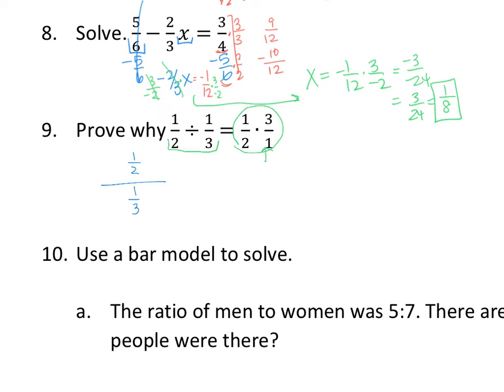And we just talked about in the previous problem that when you multiply by the reciprocal, it becomes a 1. So if I do that on the top and bottom of this fraction, which I can do, because as long as it's to the top and bottom, it's equal, the bottom becomes just 1, and the top becomes 1/2 times 3 over 1. So really this is just the problem, 1/2 times 3 over 1.